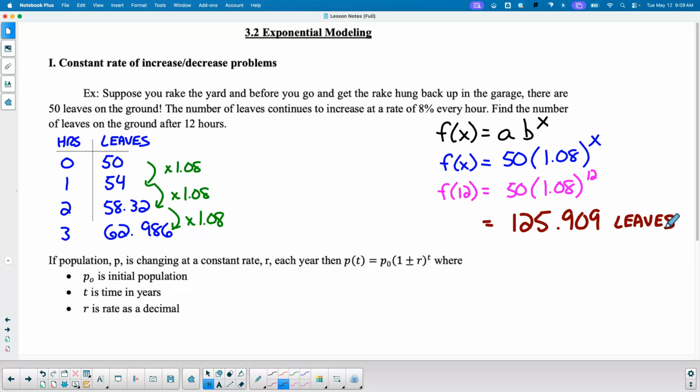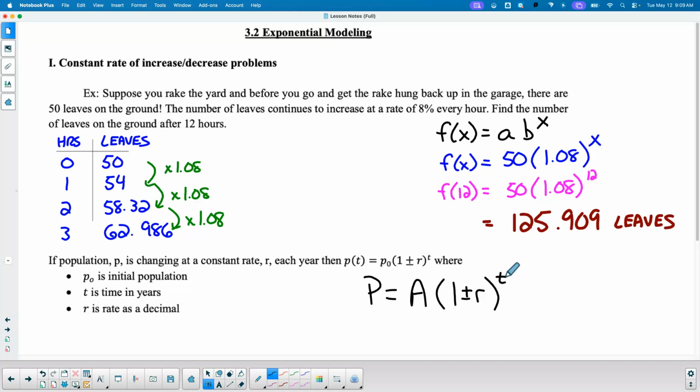If population P is changing at a constant rate each year, then P of t equals P sub 0 times 1 plus or minus r to the t power. You might have also seen it as P equals a times 1 plus or minus r to the t power. Now it says where t is in years, but truth be told, t can be whatever unit of time you're dealing with.